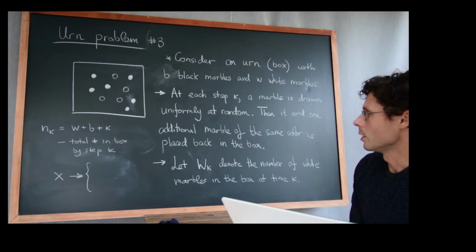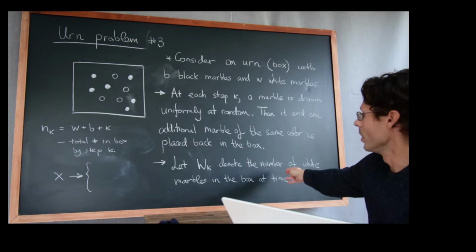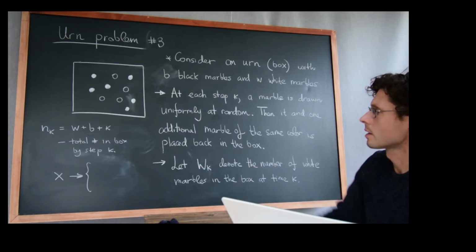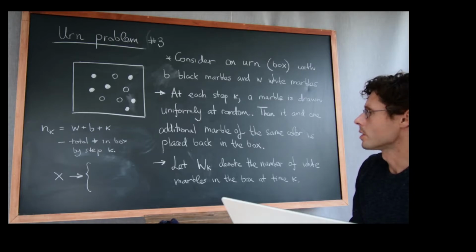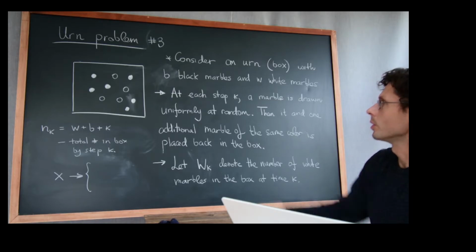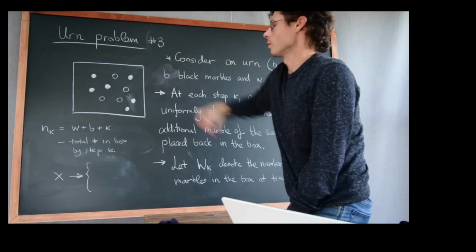The kind of thinking you want to have is, if w_k, which is the number of white marbles at step k, is equal to x, what are my possibilities for the number of white marbles on the next step, which is what that arrow indicates. It seems to me that you can either not gain any, which means that you picked the other color, the black color, and alternatively you could have increased by 1, which was the example we ran a second ago where I picked this one and then added one more.